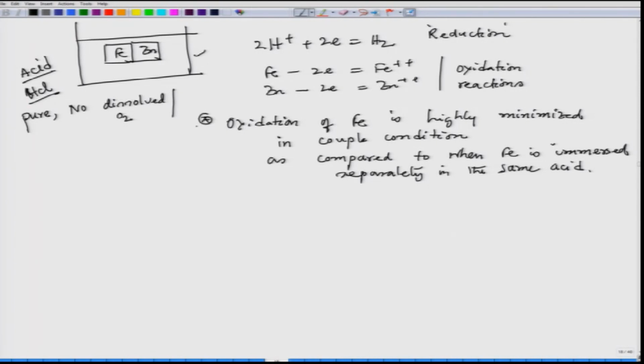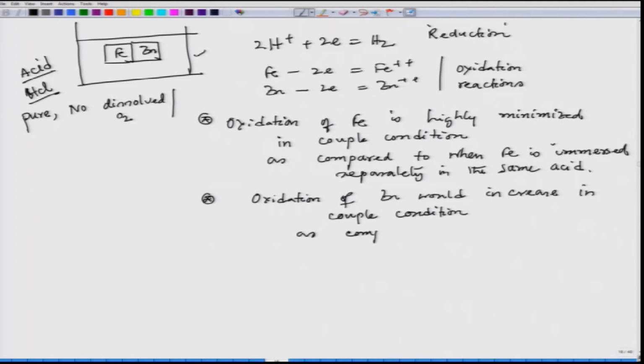But at the same time, if we see the zinc, oxidation of zinc would increase rather in the couple condition as compared to when zinc is immersed separately in the same acid.